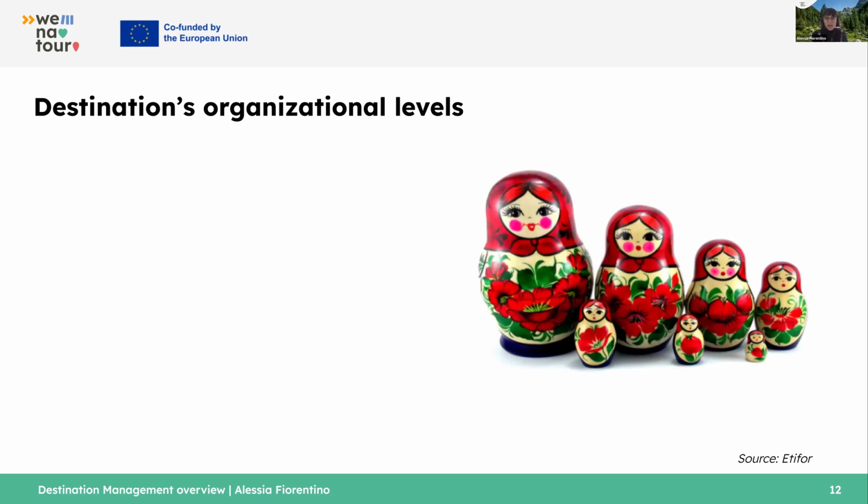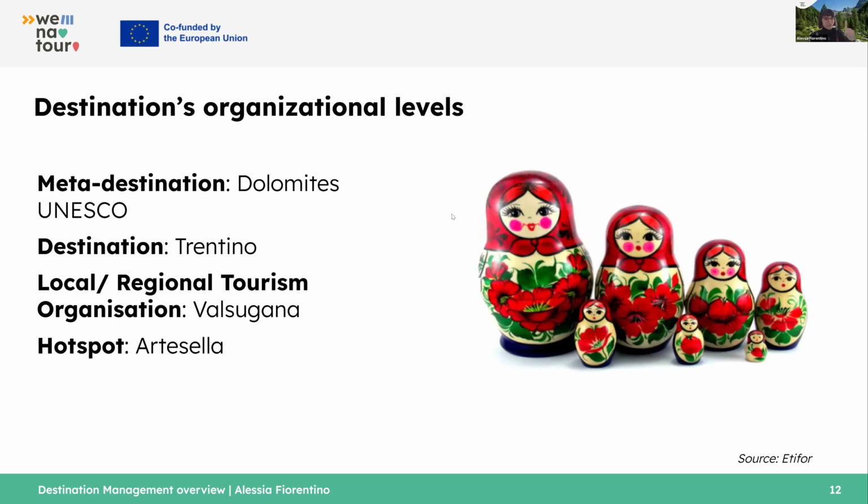So for instance, can you see the Russian dolls, Ayako? Yes, okay. So for instance, let's take our guest Valsugana as an example. Valsugana is a destination, of course, a local destination, I would say. But it is just one of the Russian dolls, because it is inside many other levels.